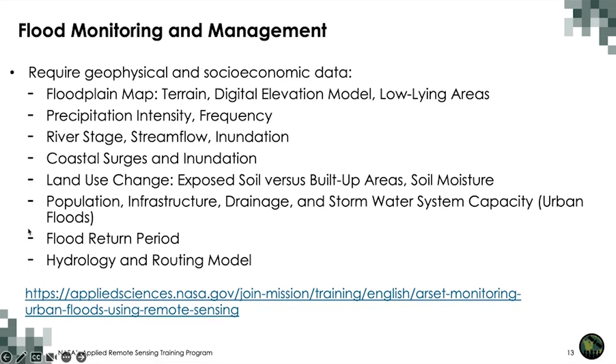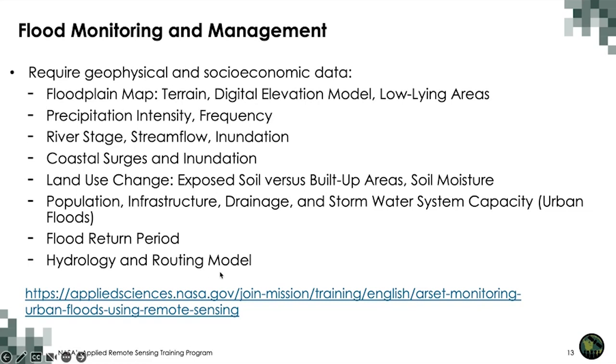Also, socioeconomic data such as population, infrastructure, drainage, and stormwater system capacity, especially for urban flooding. These are all very important for effective management. Also, statistical information based on past data that tells about flood return period also helps in effective management of flood and its impact.